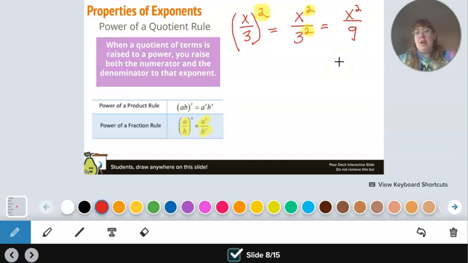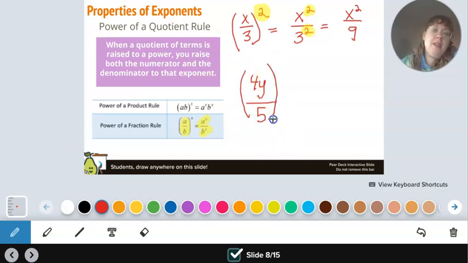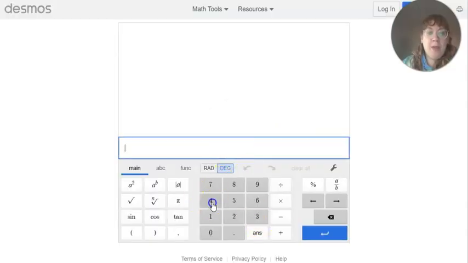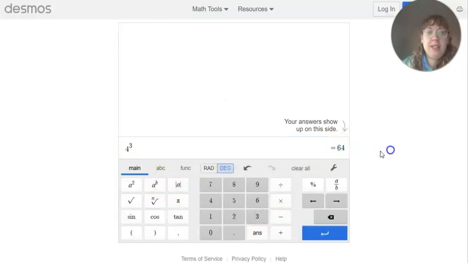Perfect. We can also look at another example of 4y divided by 5, and that whole piece cubed. So the numerator is 4y cubed, and our denominator is just 5 cubed. 4 to the third power is 64, right?